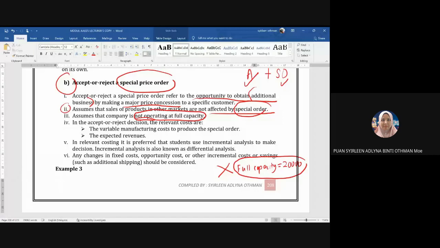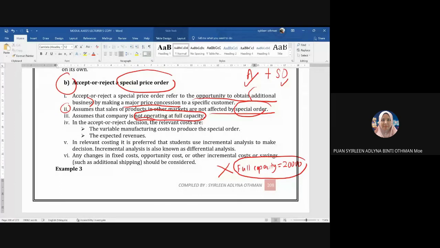So walaupun mesin tu boleh keluarkan 20,000 unit satu bulan, saya tak akan keluarkan sampai 20,000. Kalau tidak, mesin saya tiap-tiap kali pun akan rosak. Sebab macam you lah kan, walaupun you boleh kerja 24 jam sehari, tapi kita masih perlu juga masa rehat. Kalau tidak nanti kita burn out lah. Okay, so mesin pun sama.